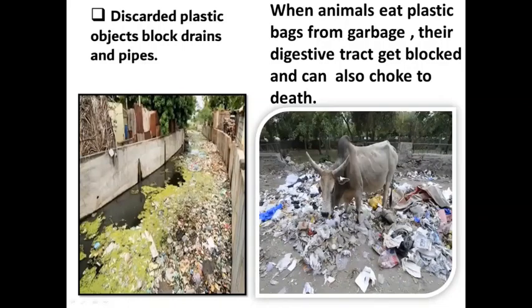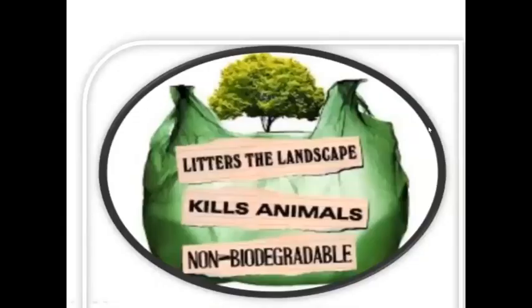It gets stuck in their digestive tract and they may choke to death. So what do you understand, children, that plastic is very harmful, right? So this picture is enough for you to understand the disadvantages of plastic. It litters the landscape, kills animals, and it's non-biodegradable.